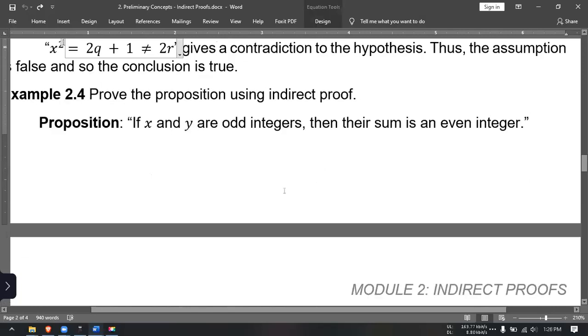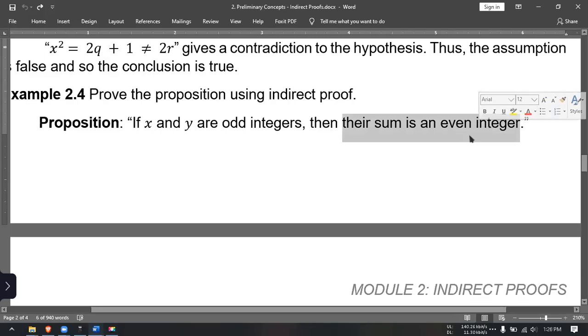If x and y are odd integers, then their sum is an even integer. So we'll be negating this conclusion. Their sum is an even integer. Its negation is, what is the negation? The sum is an odd integer.